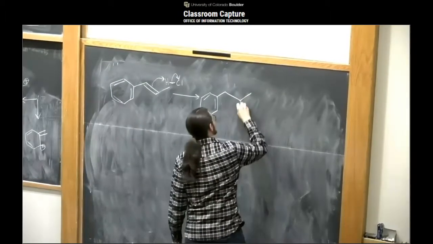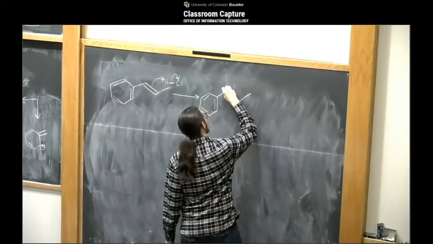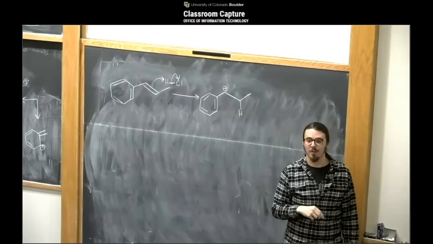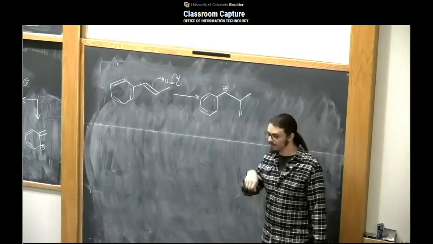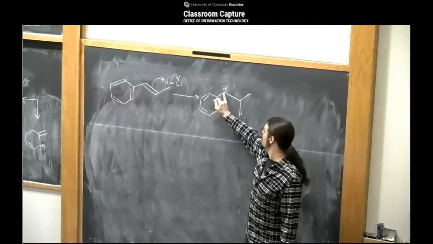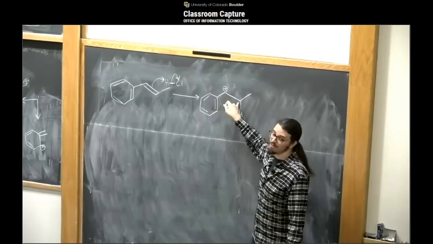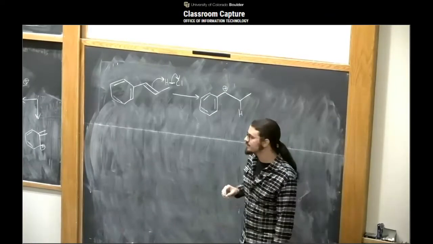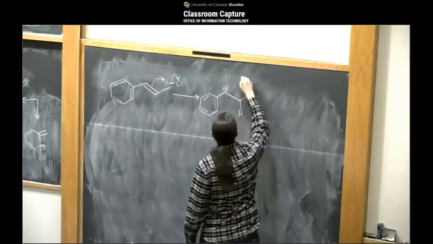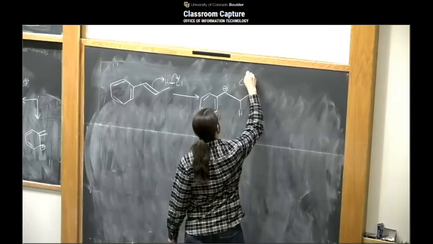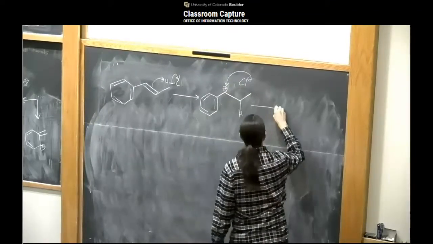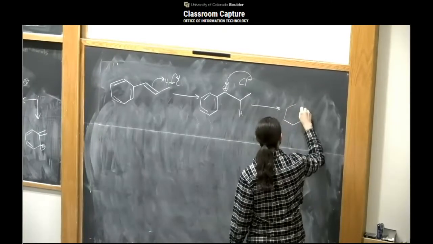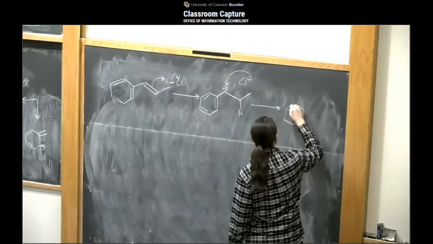So in this case, we're going to selectively generate the benzylic carbocation, because this carbocation is going to be drastically more stable than if it were on the other carbon, due to the conjugation into the ring. So even though both carbons were secondary before generating the carbocation, the one with conjugation is going to be preferred.